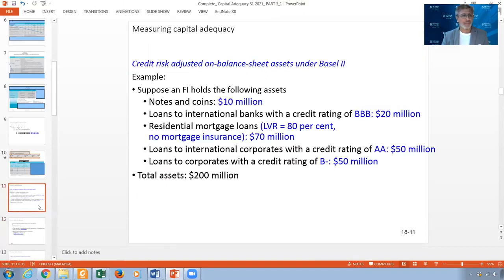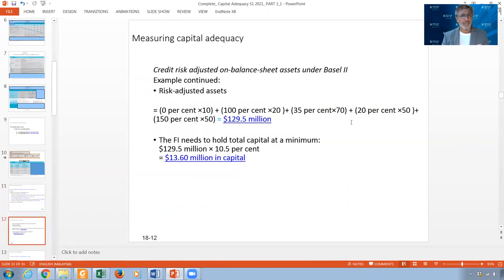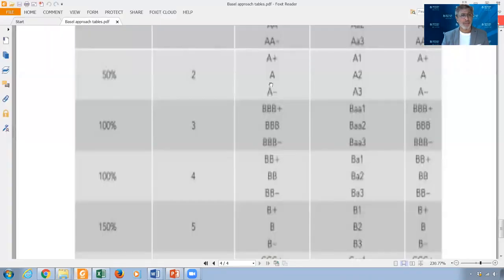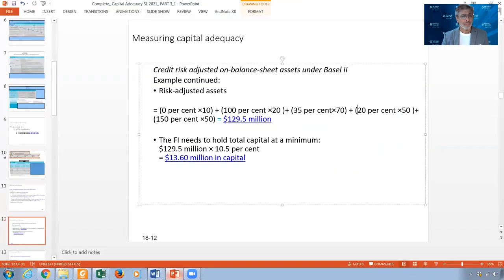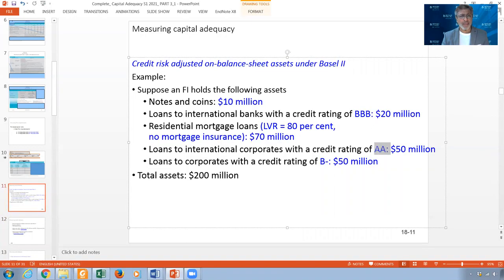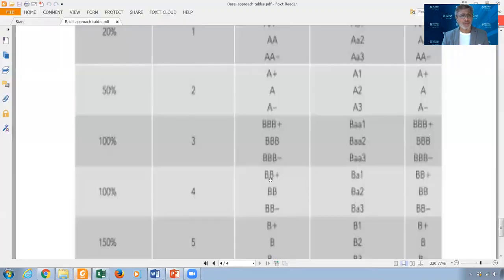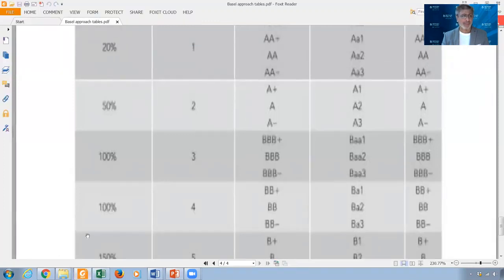This is 20% from table 5. This is triple A, which is 20% times 50. As I told you, according to the table, triple A is 20%.